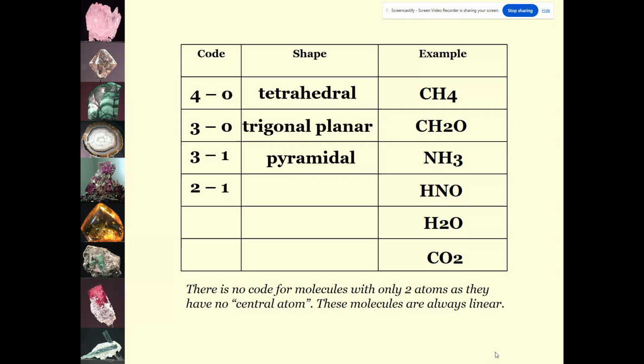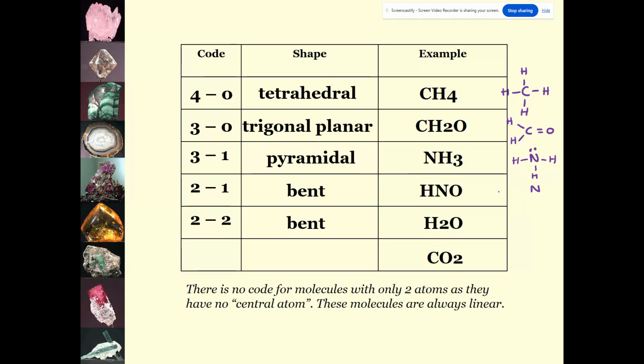If you have 2,2 or 1,2, they're both bent. I'll draw a little example of these. So I'm drawing a structural diagram right now, not a shape diagram. Okay, so there's my tetrahedral, which would be a code of 4,0. My CH2O, actually this one I'll draw as a shape diagram where it's all on the corners. NH3 has 3 terminal atoms and 1 lone pair.